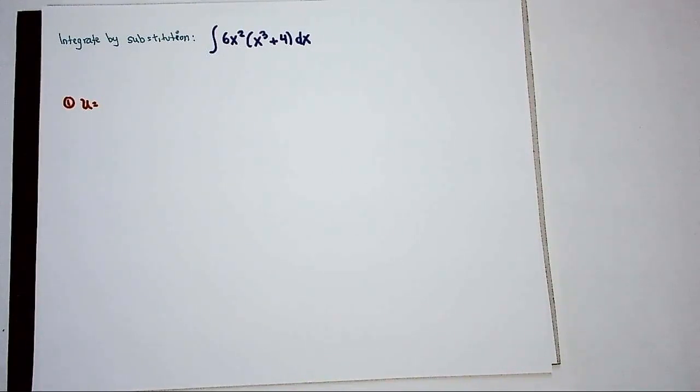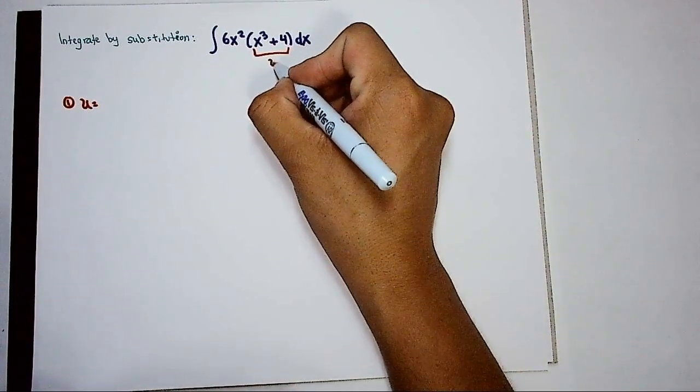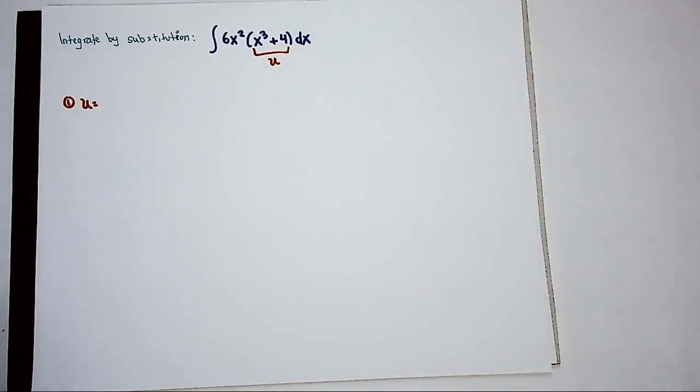One way to recognize which one will be our u is that generally we choose as u the most complex factor between 6x squared, which is a quadratic function, and x to the third plus 4. The most complex function is the second one. This means that x to the third plus 4 will be our u.